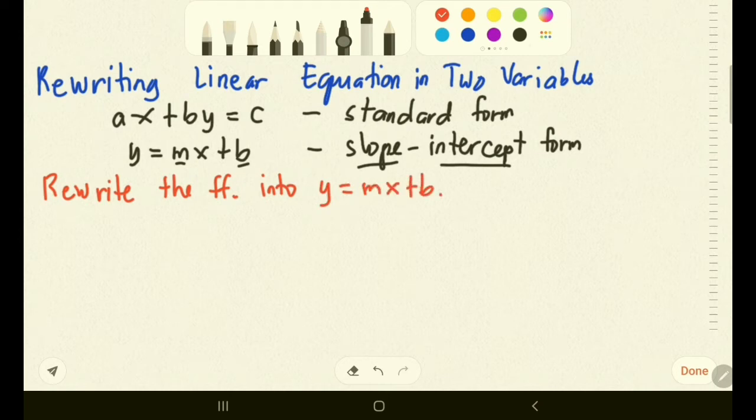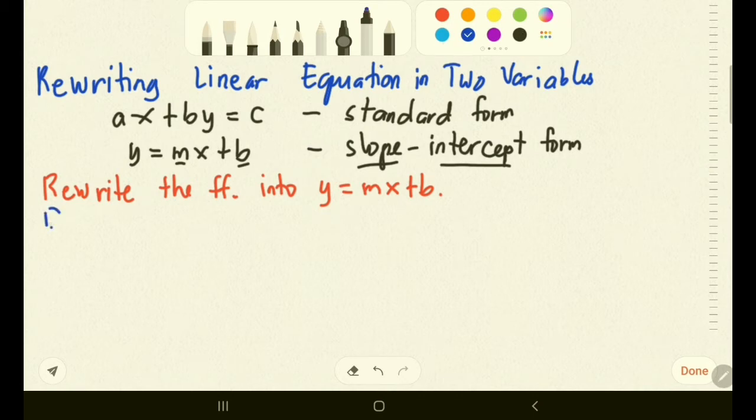By the way, this topic is very crucial. This is very important because later when you're going to find the linear equation, or you're going to graph later, you need to know how to rewrite a linear equation. Okay, now let's have your example.